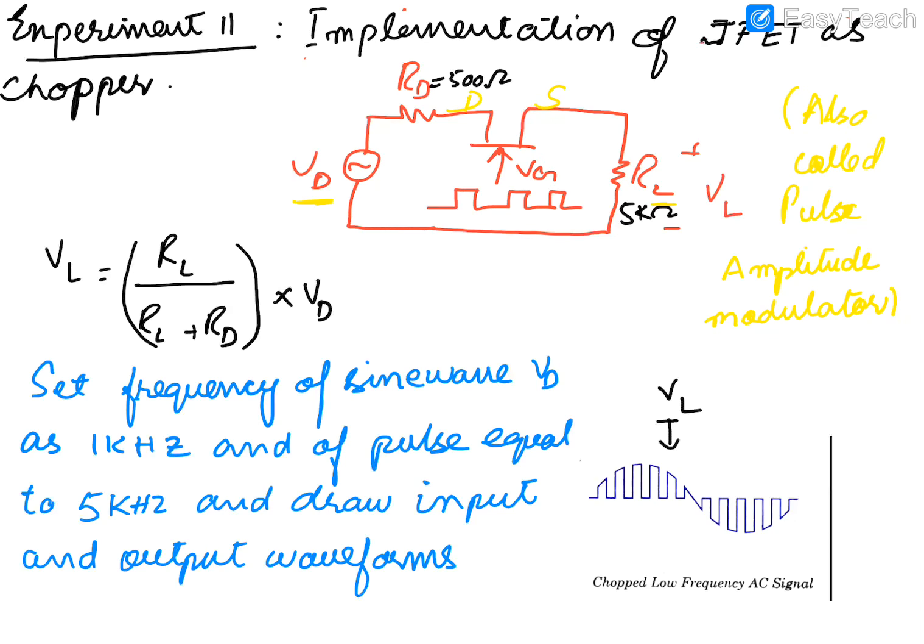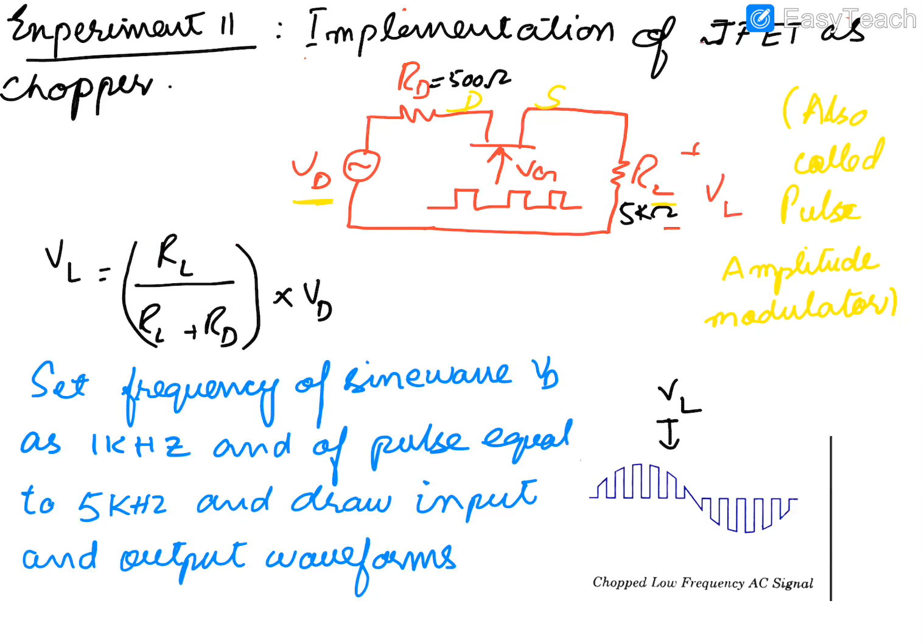You can keep RL as large as possible with respect to RD so that the value of VL is approximately equal to VD, or you can keep the value of RL as desired. If you are keeping VL at a certain voltage, then the value of RL will be designed according to VL.